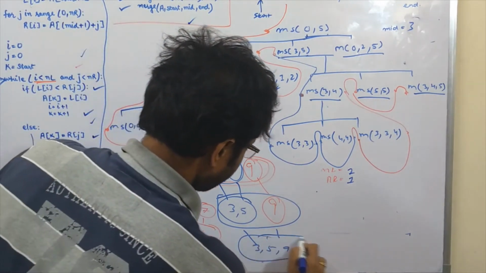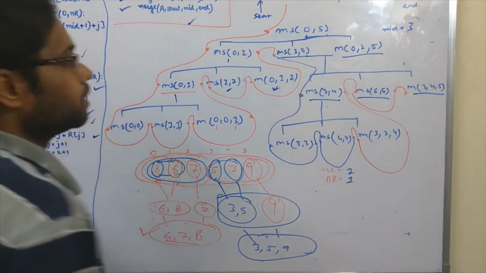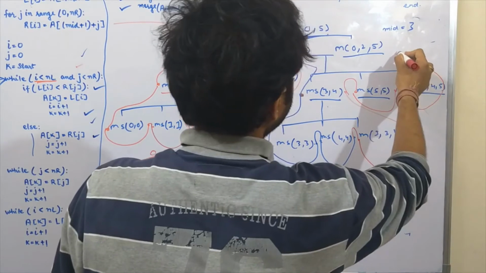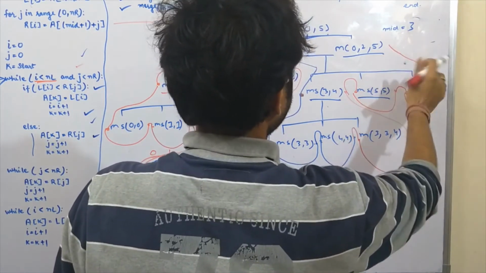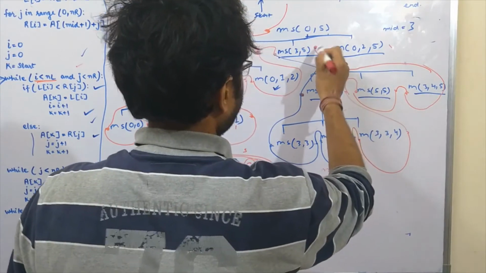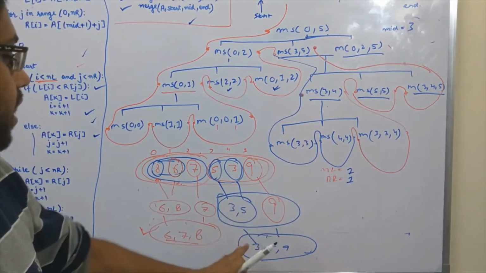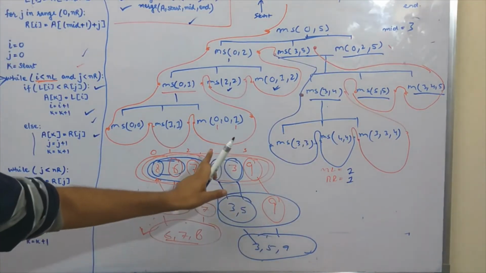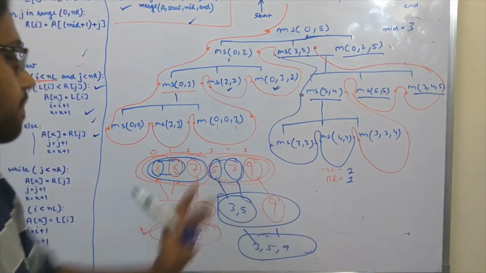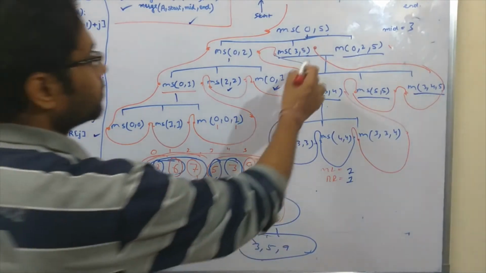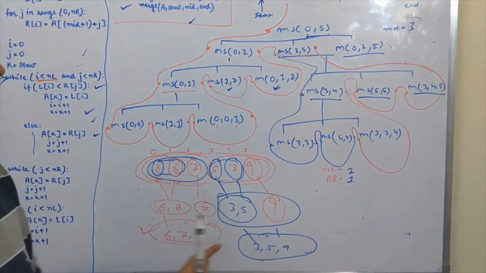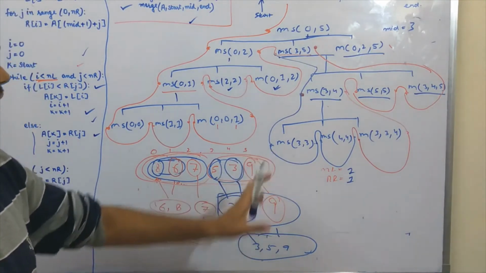After the merge procedure runs on 3, 4, 5, we are saying that the elements from 3 to 5 are sorted: 5, 3, 9 is sorted to 3, 5, 9. So this merge sort procedure has sorted the array from 5, 3, 9 to 3, 5, 9.